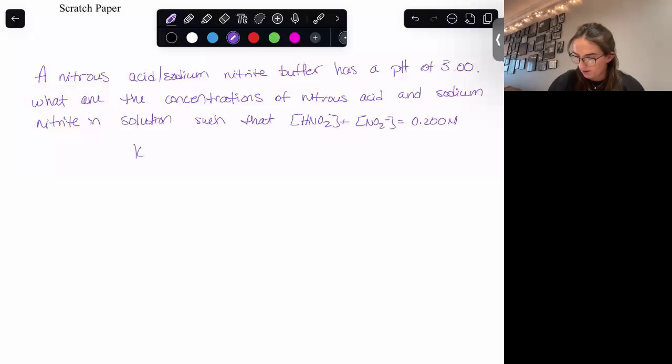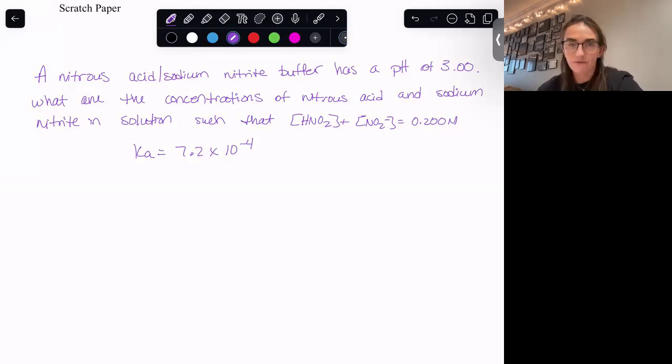And then we said that Ka is equal to. Okay, so for this question, what we're looking at is the fact that we have a nitrous acid and sodium nitrate buffer that has a pH of 3. We want to know the concentrations of this acid and conjugate base, given the Ka and given that their concentrations equal a certain value.